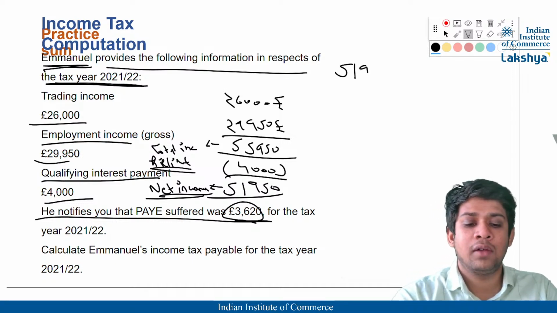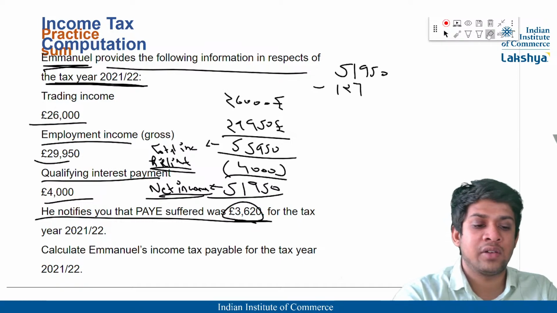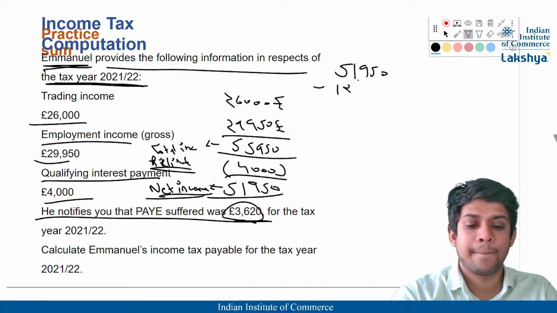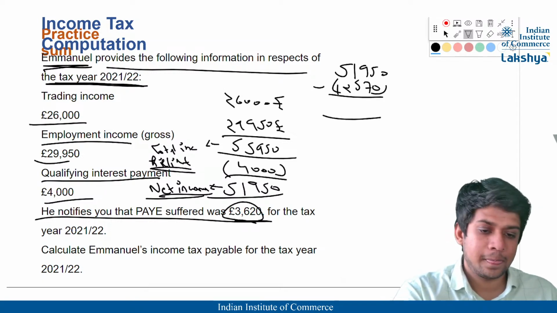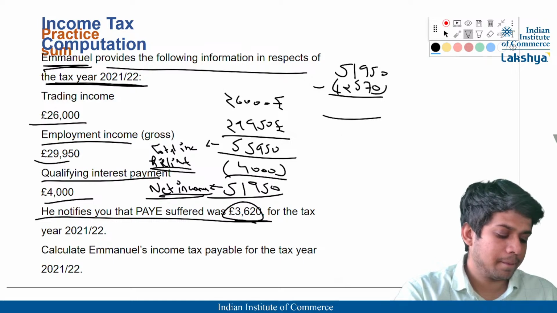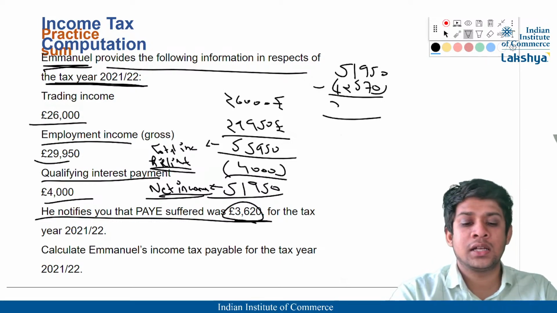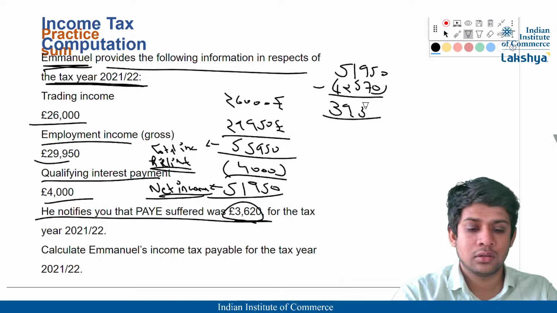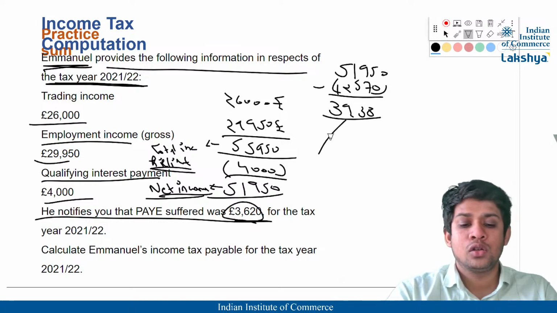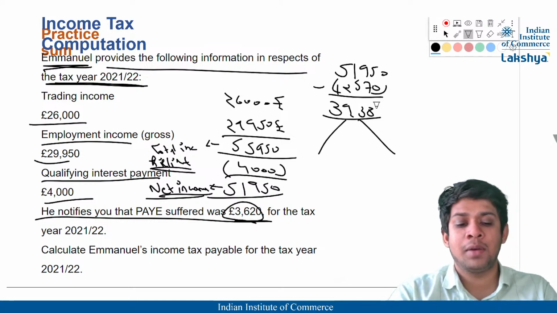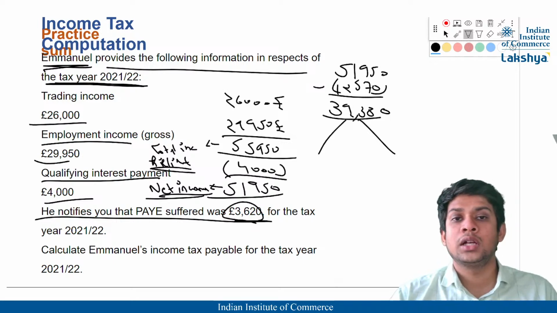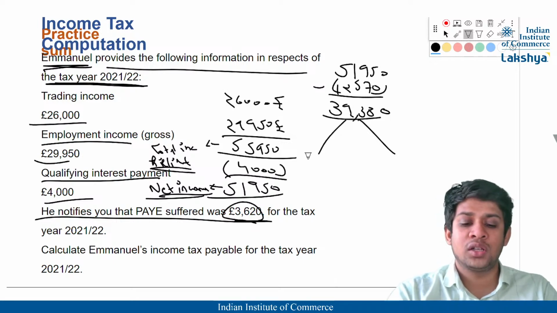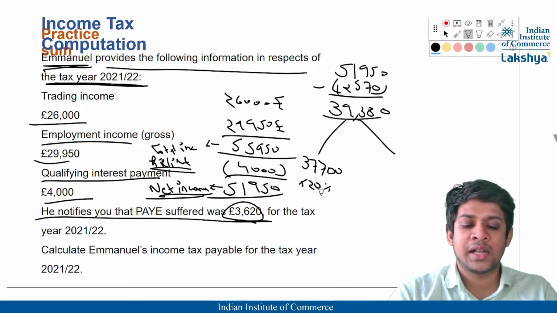So 51,950 minus the personal allowance of 12,570 is 39,380. This is above 37,700, so for the first 37,700 he will be charged 20% tax.